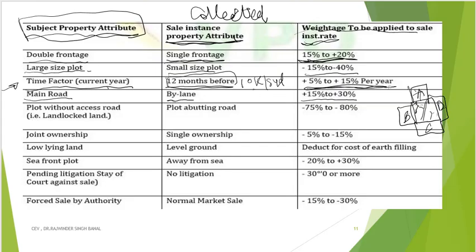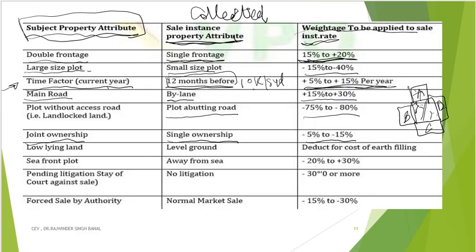In that case, the sale instance you have was having a plot with independent access, so you will reduce the price by 75 to 80%. If our plot is a joint ownership property and the property data we have was a single ownership property, we will reduce the per unit price by 5 to 15%.